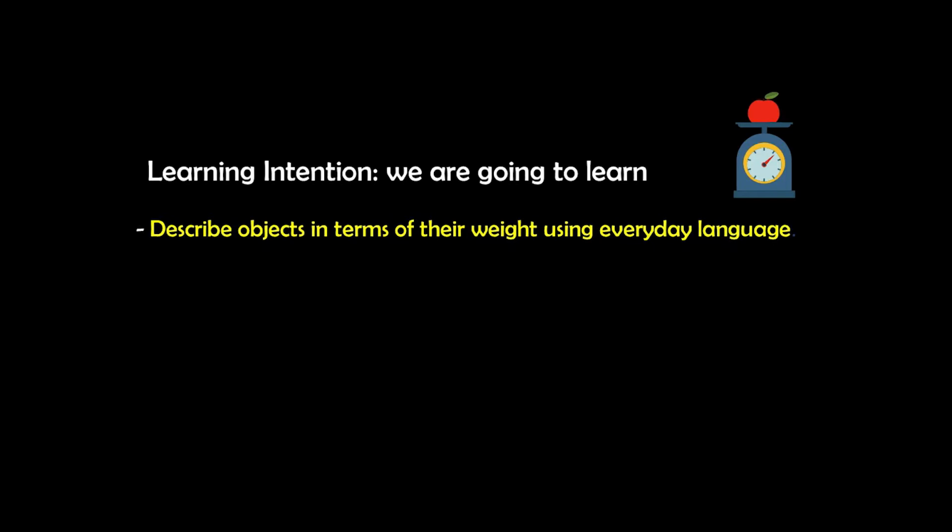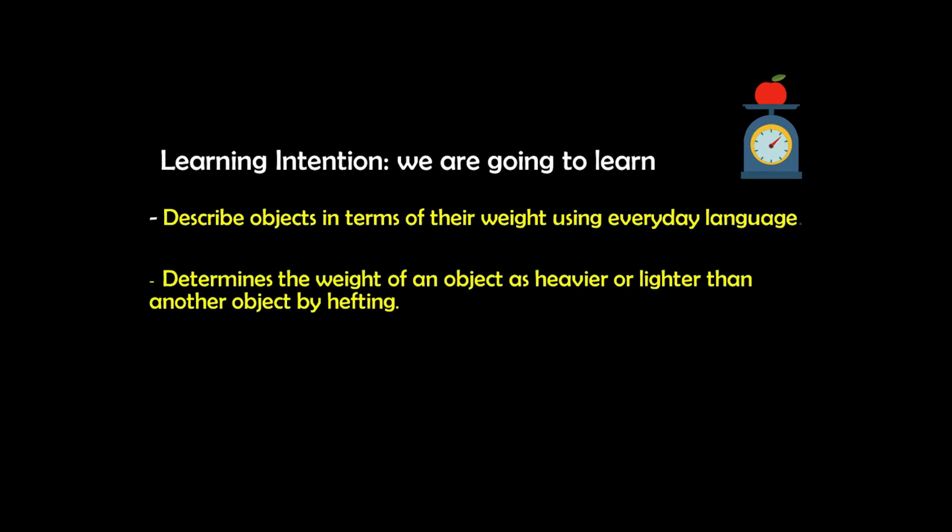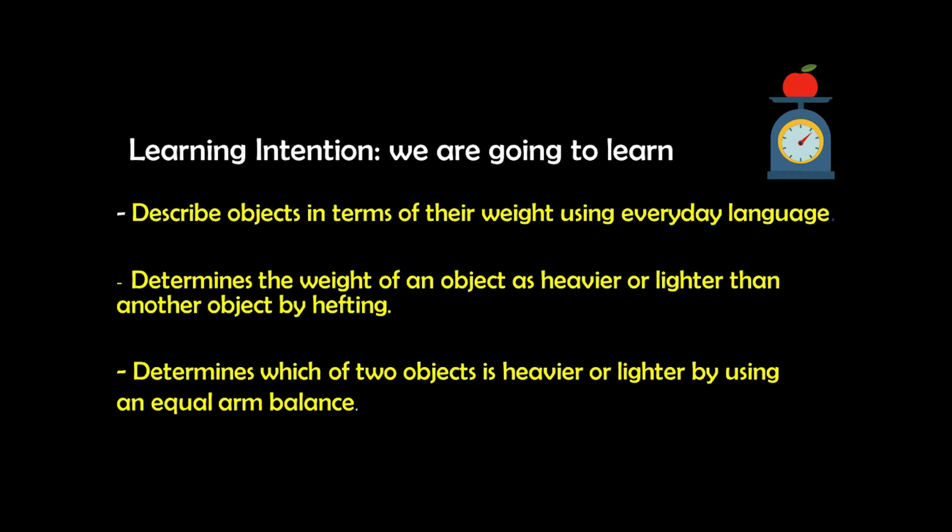Our learning intention for the day. Today we are going to learn to describe objects in terms of their weight using everyday language. Determine the weight of an object as heavier than or lighter than another object by hefting. Determine which of two objects is heavier or lighter by using an equal arm balance.